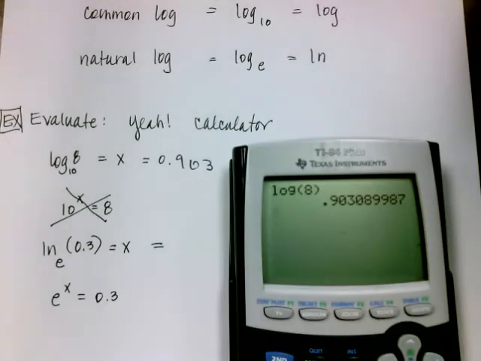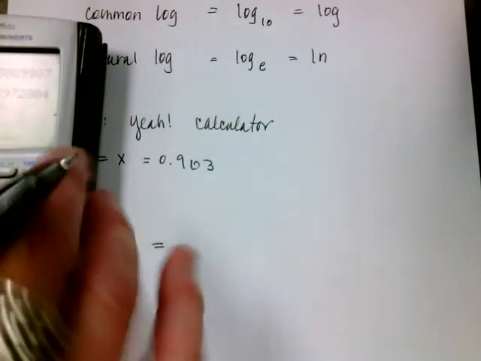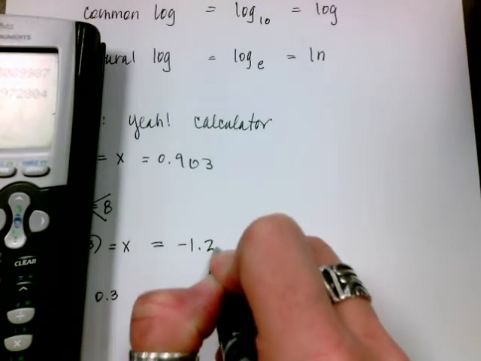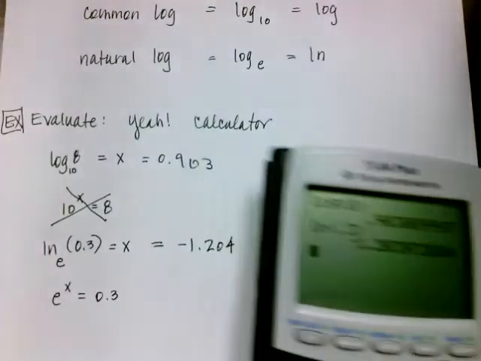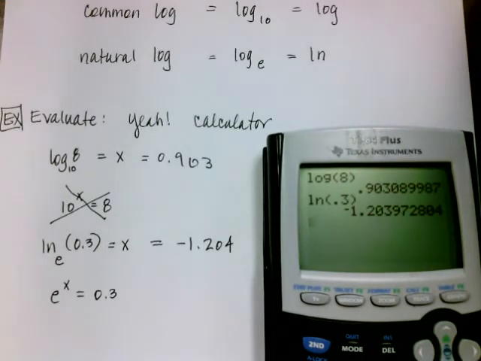I'm going to do the natural log, and then 0.3, close, and hit enter, and there's my solution. It is negative 1.204.